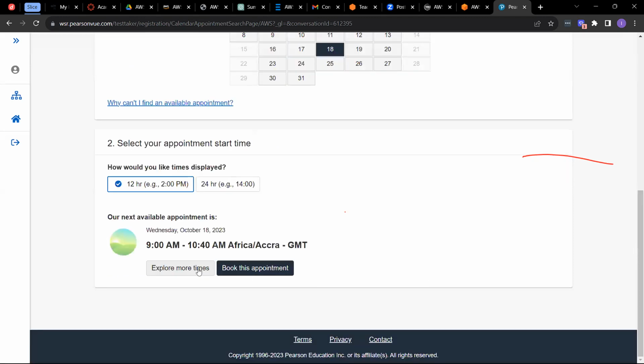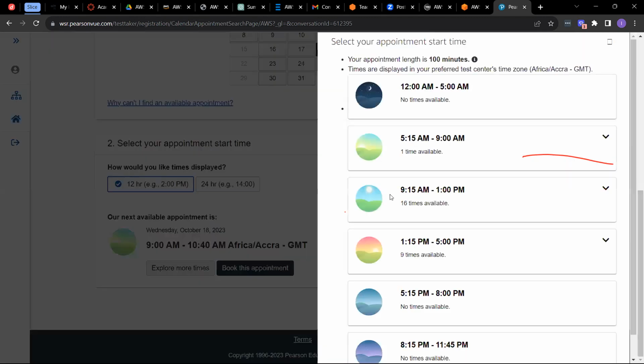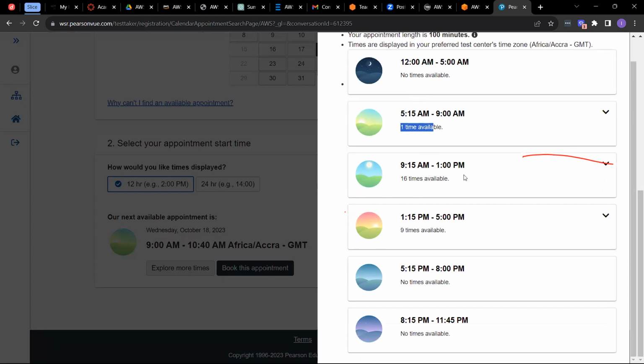Okay, so explore times. So these are: 12 a.m. all day, so no times available until 9 a.m. From 5 to 9 a.m. there's only one time slot available.